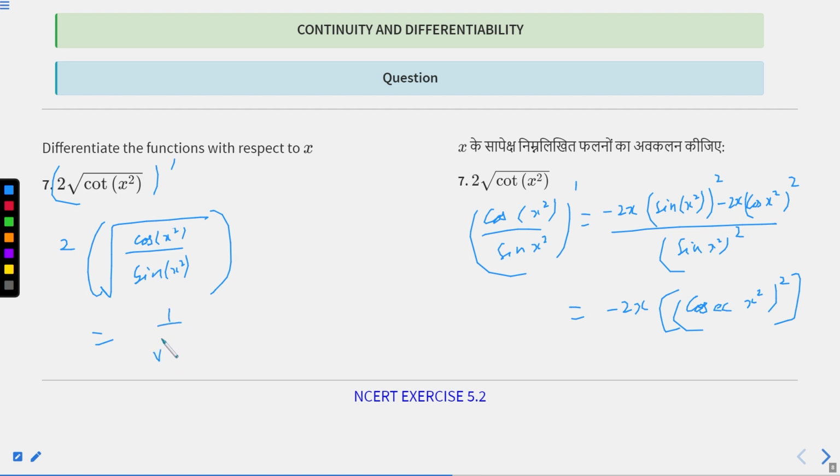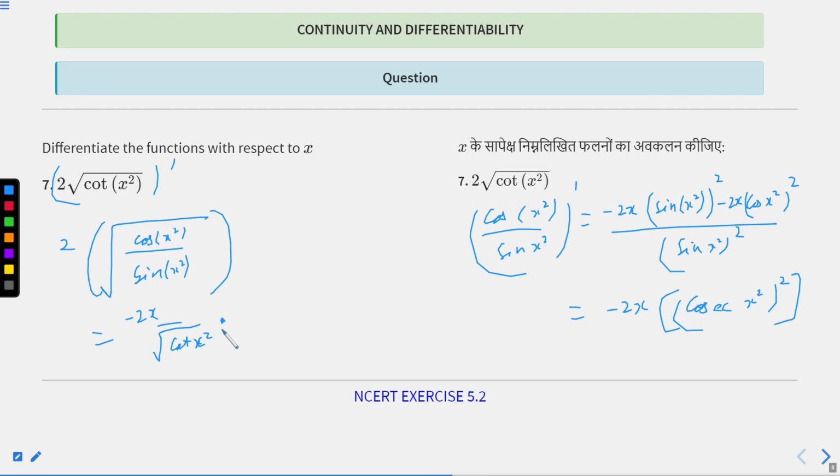Root of whatever the thing inside, which is cot x square, whatever the thing inside it. Now multiply with this thing, which will be minus of 2x.